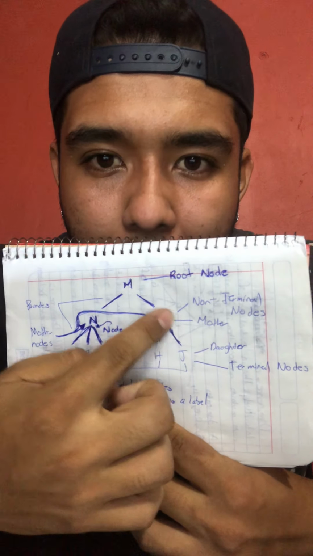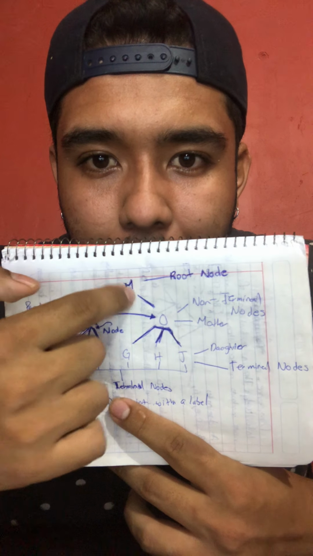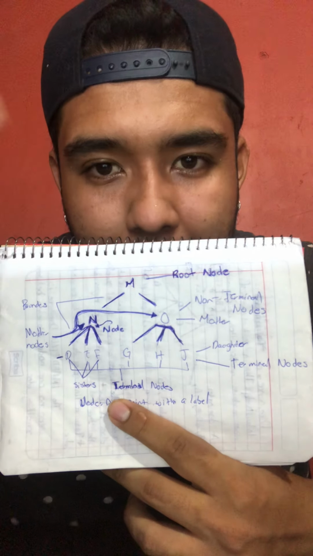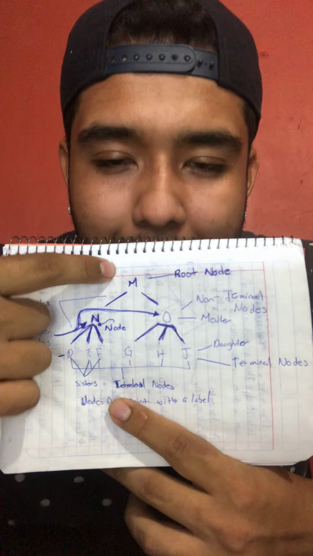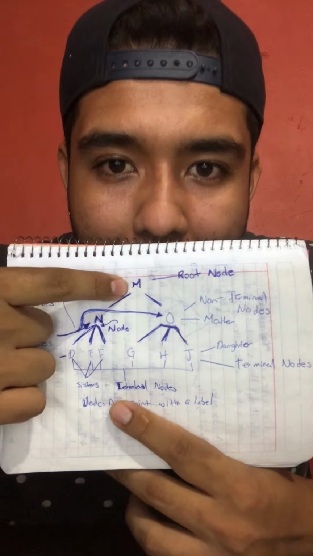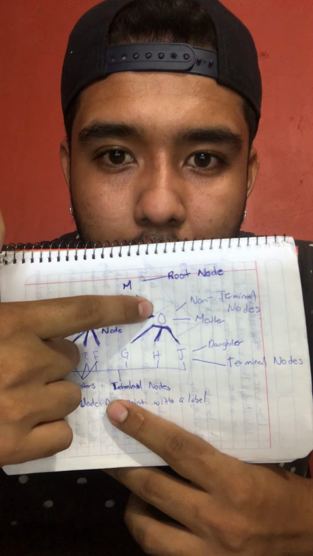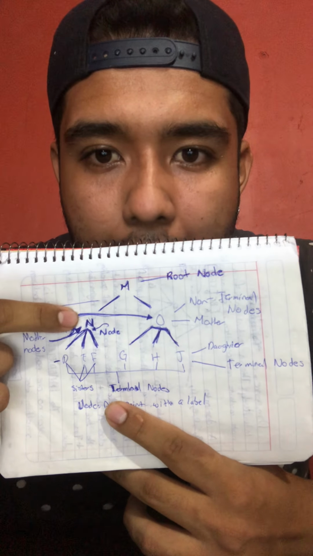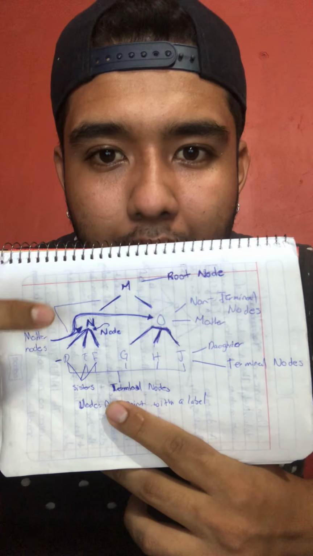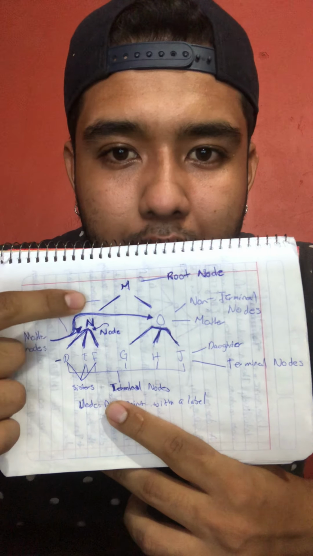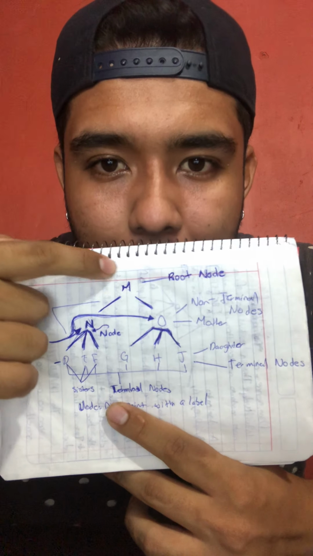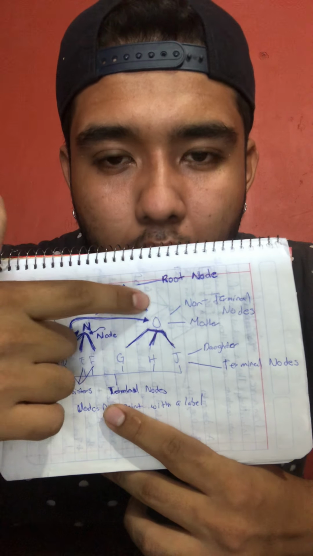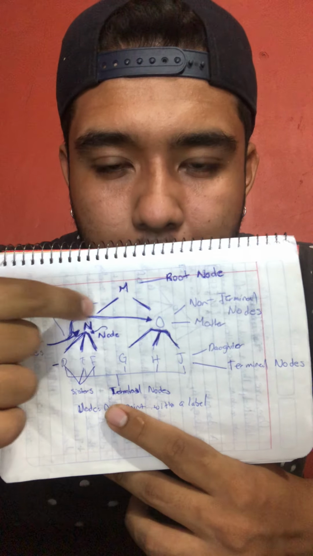For example, we have the letter M on top, the highest in the diagram, and we can say the letter M dominates the letter O and the letter N, because the letter M is on top of these nodes.